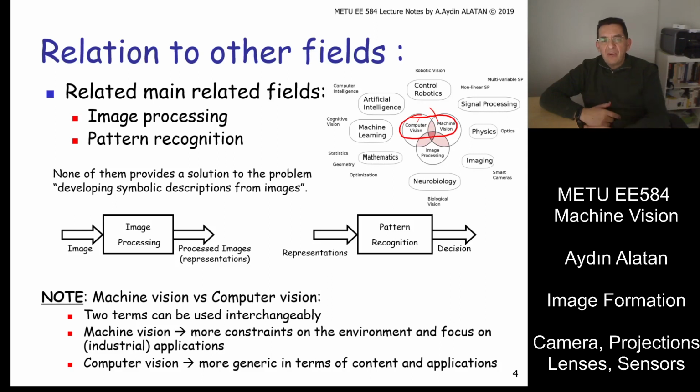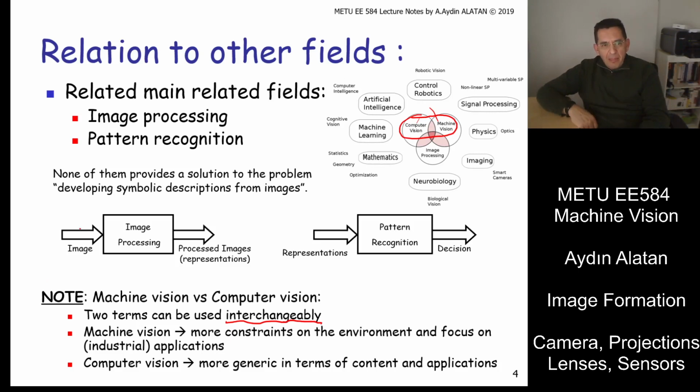Therefore, these two terms can be used interchangeably. Okay, there is no problem with telling computer vision or machine vision. Machine vision is more controlled. That's the only thing. But for example, in this course, I will talk about computer vision. I'm going to talk simply about vision, okay, rather than computer, machine, or robot vision.